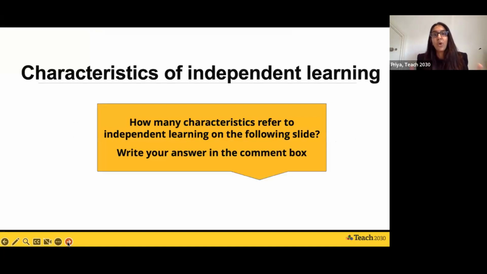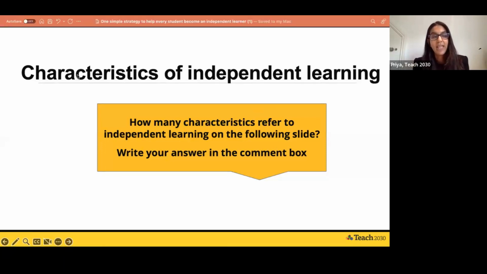Let's look at not just what independent learning is, but let's look at some characteristics of independent learning as well. So as you know, this workshop is an interactive workshop as well. So I'd like to know a little bit more about, can you see some characteristics of independent learning? In a moment, on the next slide, in some statements which are in some grey boxes, you're going to see some characteristics that refer to independent learning.